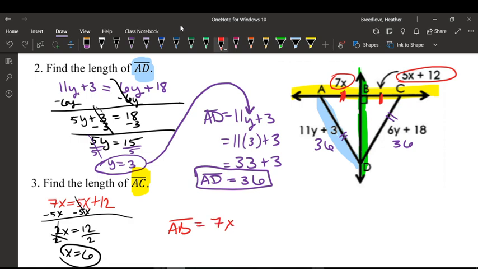AB equals 7x. And if I know that x is 6, I can plug it in for x. So it's 7 times 6, which is 42.